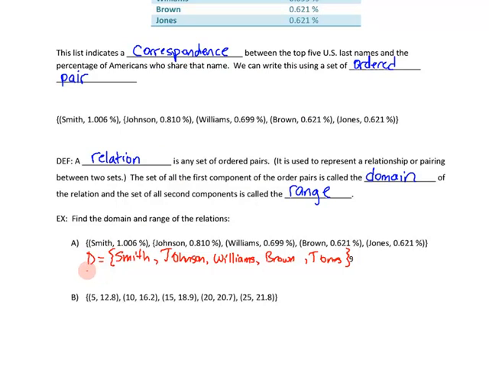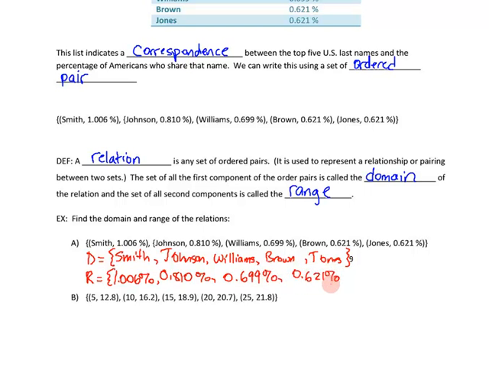The range, which I will denote with R, is going to be the set of all numbers that correspond with the domain. So in this case it would be 1.006%, 0.810%, 0.699%, and 0.621%.